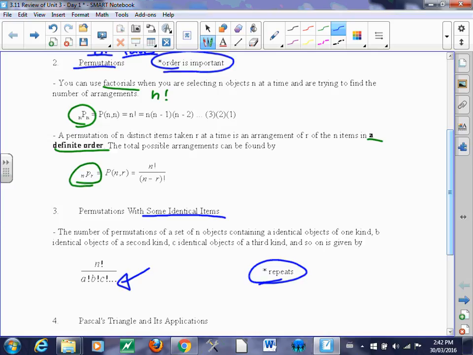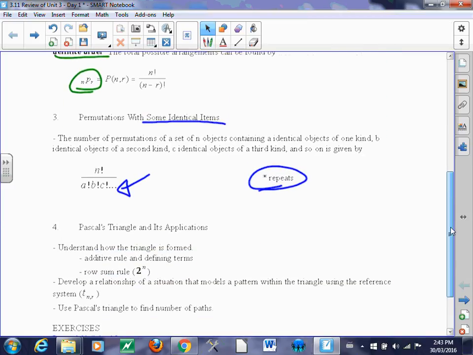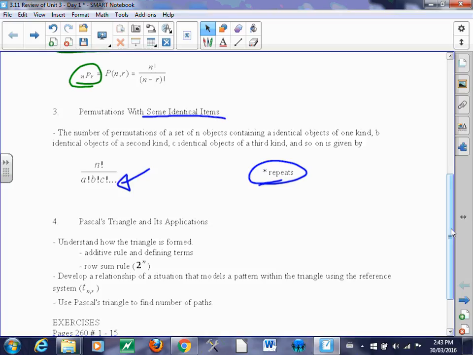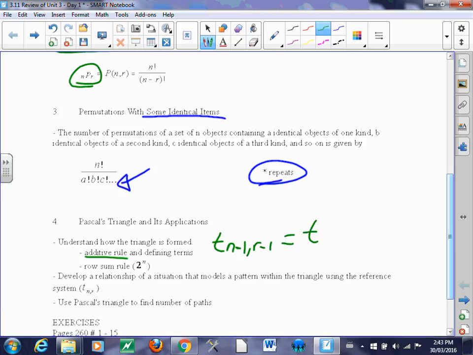All right, and then the last thing we did here is Pascal's triangle. Understand how the triangle's formed, the additive rule. So don't forget that formula, t(n-1, r-1) equals... I think I'm doing this by memory. Sorry, my fault.